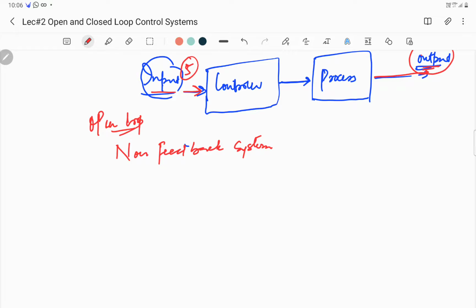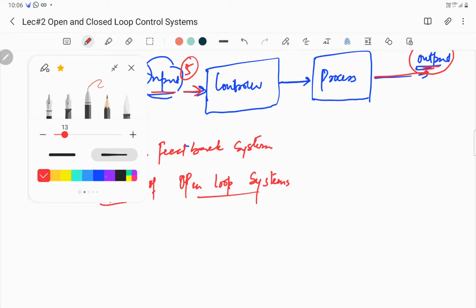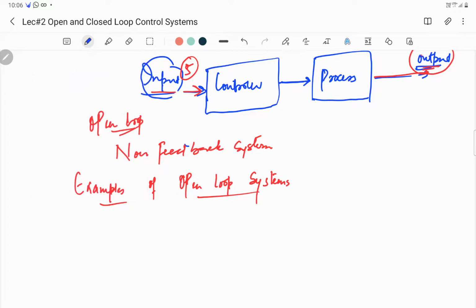Let us take an example of an immersion rod or immersion water heater. Examples of open loop systems. Before coming to the definition, we'll first take a few examples of open loop systems and then we'll come to the definition.